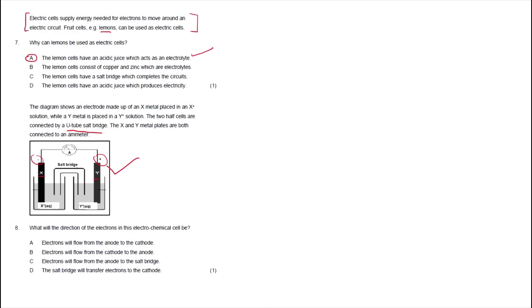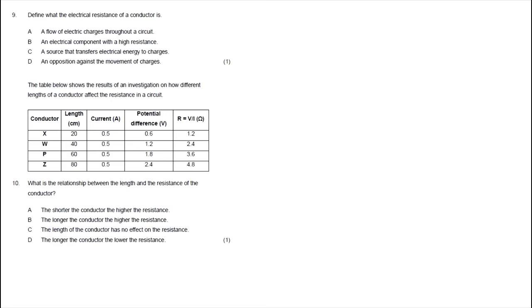And we can see that this is the universal direction of electron flow in a cell. The answer will be A, which says that electrons will flow from the anode to the cathode, right? Because this is the universal direction of electron flow in the cell.